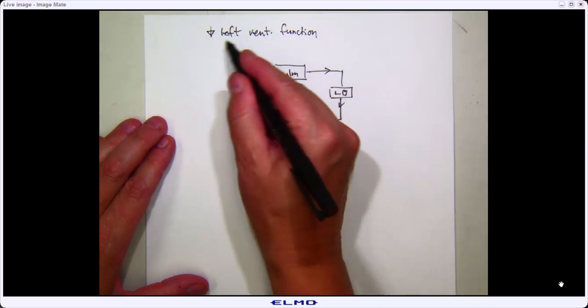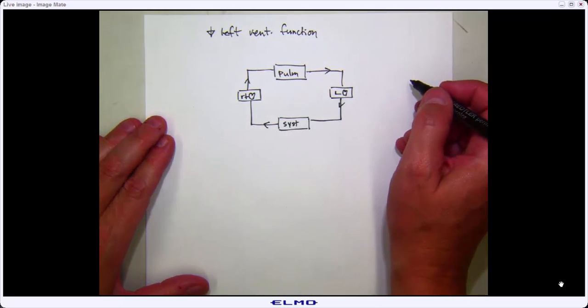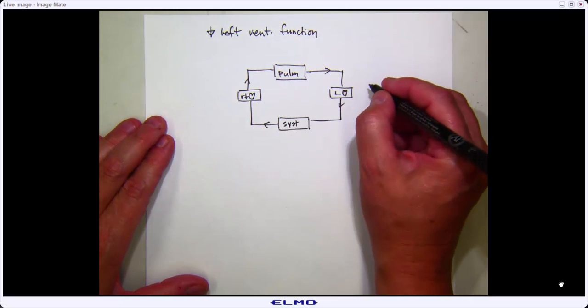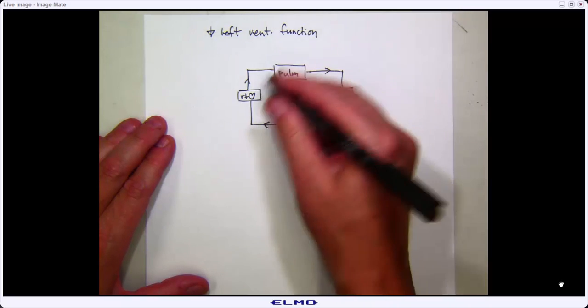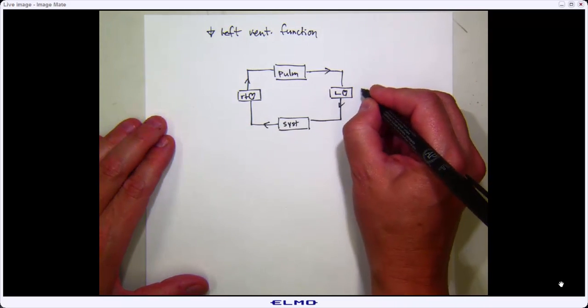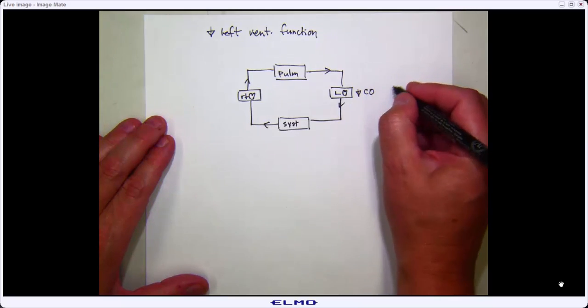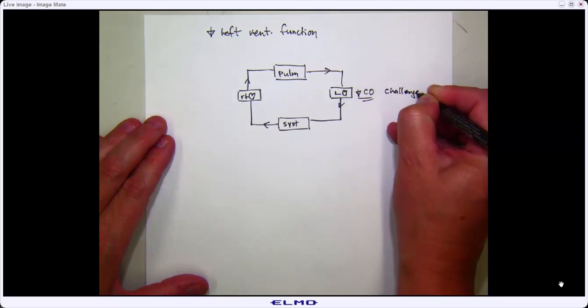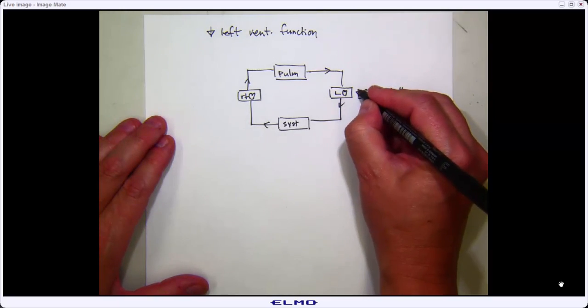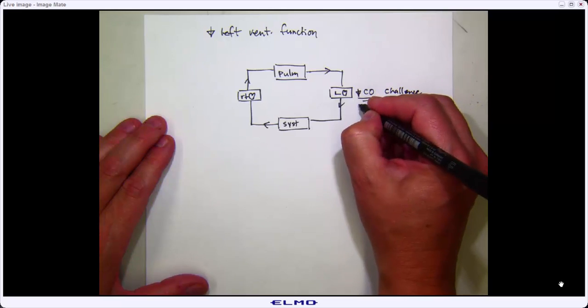And essentially what we have here is our decrease in left ventricular function. So if we're going to try to figure out how that affects the rest of the system, we're going to have a decrease in cardiac output, which means I've got a decrease in cardiac output of the left heart.